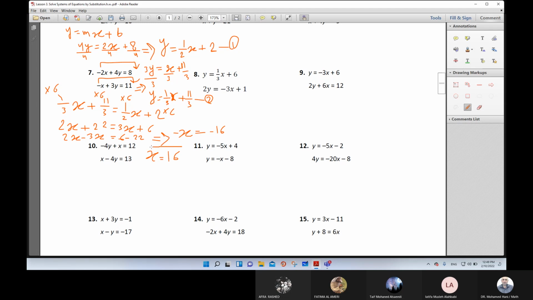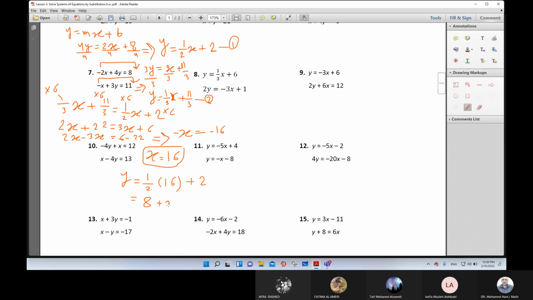Now we want to find the value of y. You can substitute the value of x in the first equation or in the second equation, the same idea. For example, in the first equation, y equals 1 over 2 multiplied by the value of x, which is 16, plus 2. 16 times 1 is 16. 16 divided by 2 will be 8.